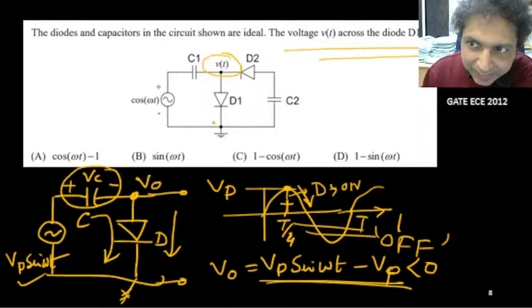I have not added the next half. Now the concept is that, so what is the meaning? What I have said, this clamper circuit will contain one capacitor along with one diode.